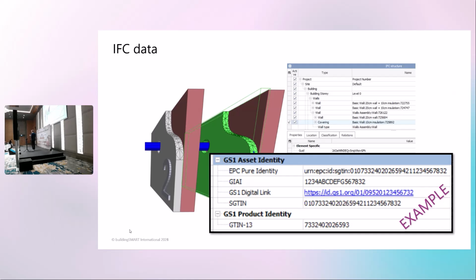I can use the digital link, which will direct me to the GS1 page containing information about this product. I can also see the SGTIN code that Inge mentioned. I can also see the GTIN-13. In this case, it's spelled exactly how Inge suggested in the report, so everybody knows precisely what value is expected there.